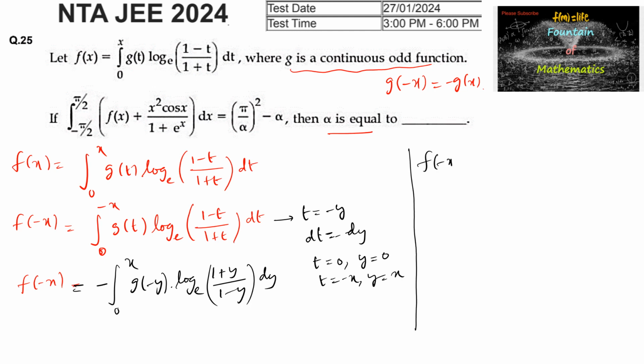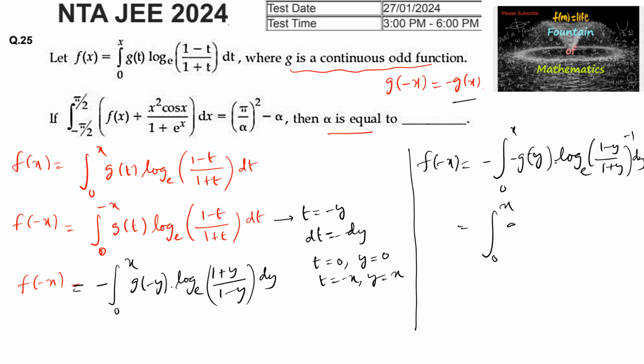So we can write f of negative x is equal to minus integral 0 to x g of minus y, which is nothing but minus g of y, into log 1 upon 1 plus y upon 1 minus y, also we can write it as log 1 minus y upon 1 plus y to the power of minus 1 dy, or integral 0 to x g of y into, this minus 1 will come outside, log 1 minus y upon 1 plus y dy.